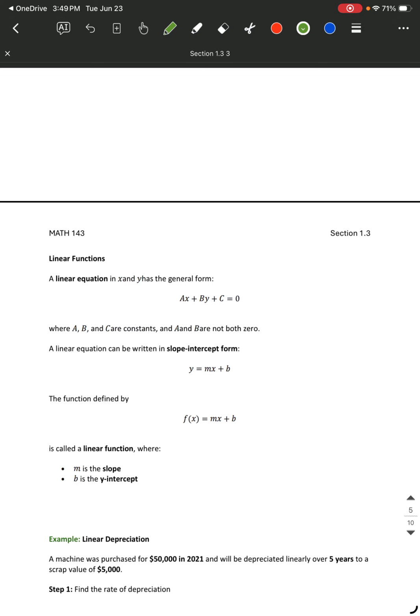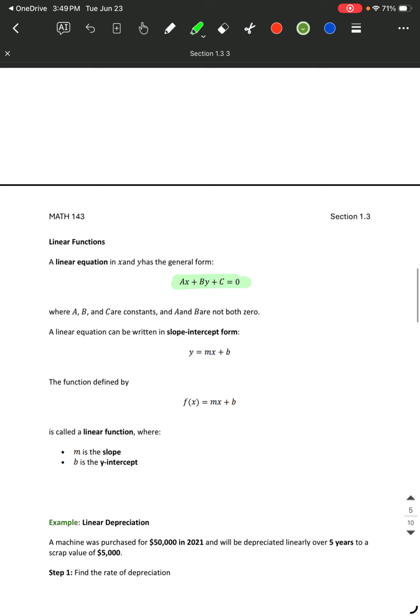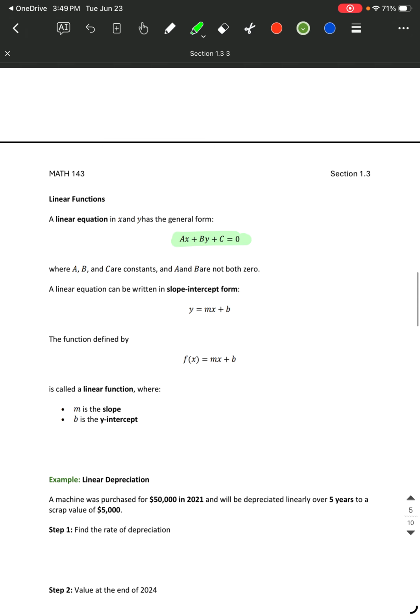A linear equation in x and y has the general form ax plus by plus c equals 0, where a, b, c are constants and a, b are both not 0.